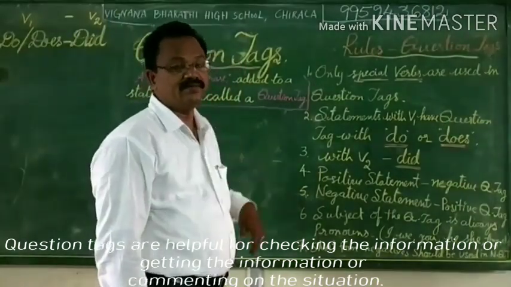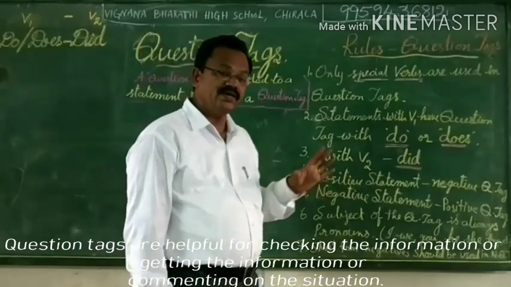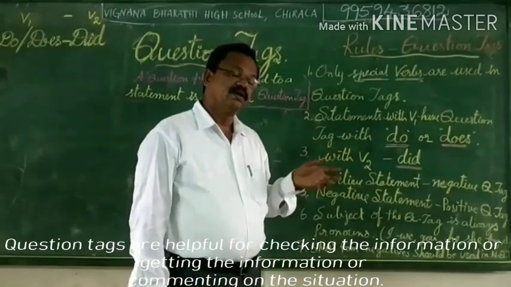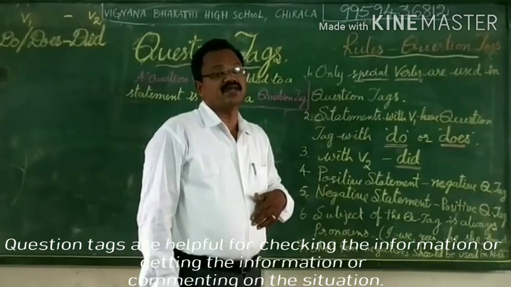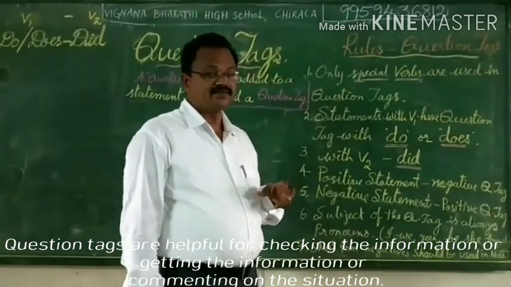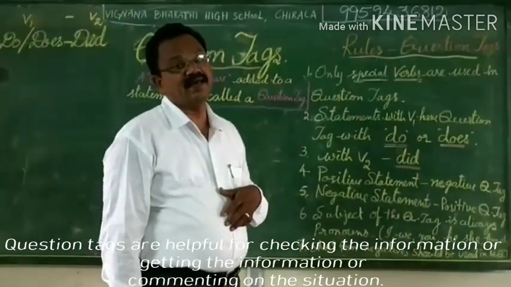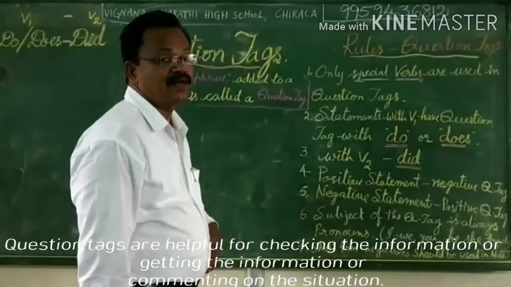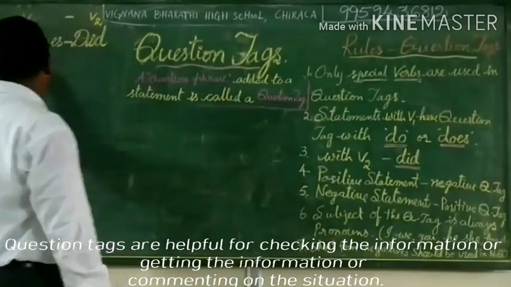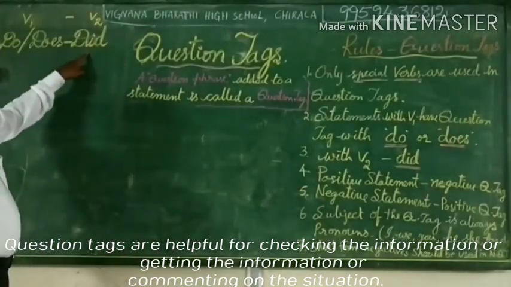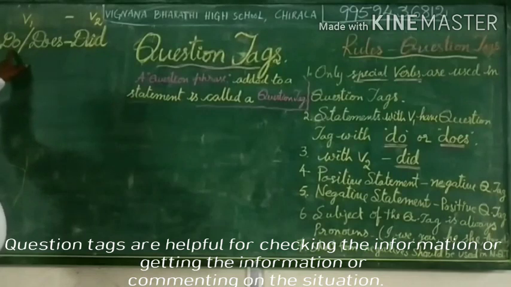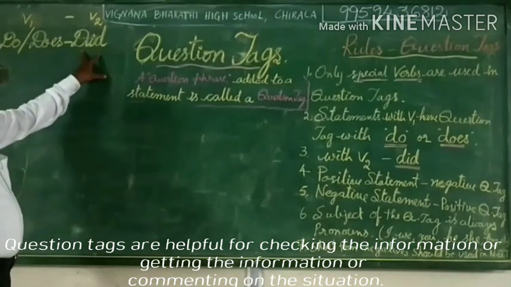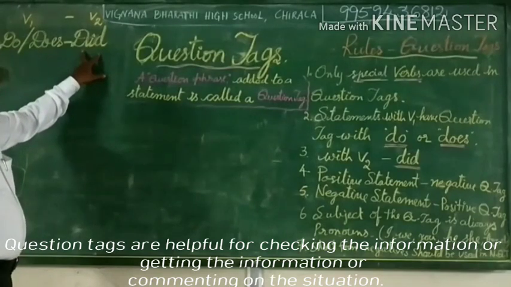In the previous session we did only the special verbs, but in this session we are going to start exercises with the main verbs. Though the sentences have main verbs, we need to bring out the special verb from that be form: do, does, did. If the verb is in present tense, either do or does. If the verb is in past tense, it comes under did.